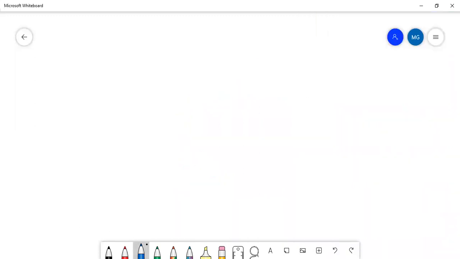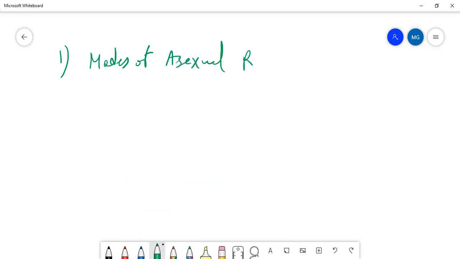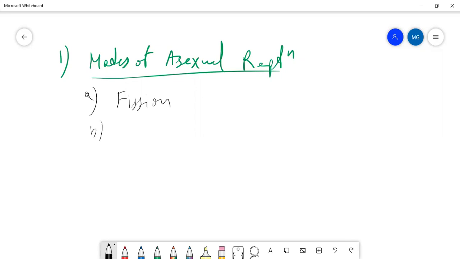The question is, let us first talk about the modes of asexual reproduction in fungi. So we can say fission is one mode, budding is also a mode, and we can say asexual reproduction by means of arthrospores.